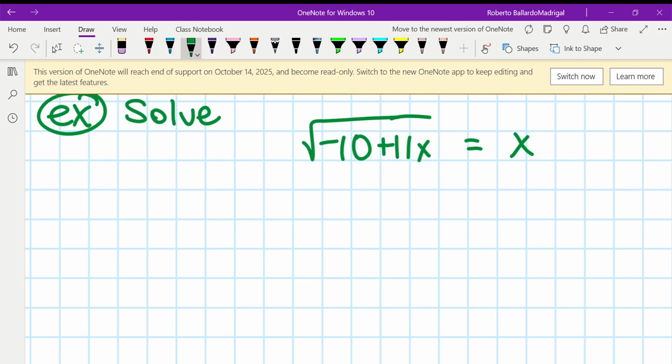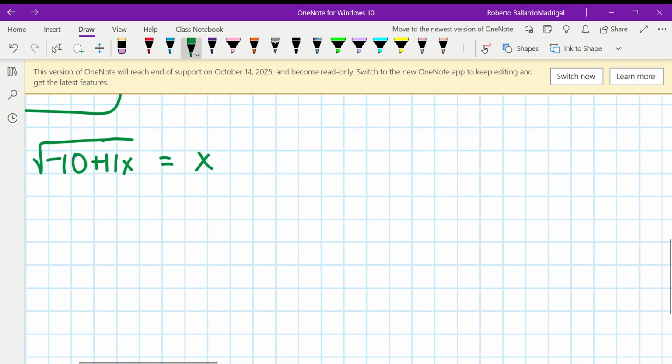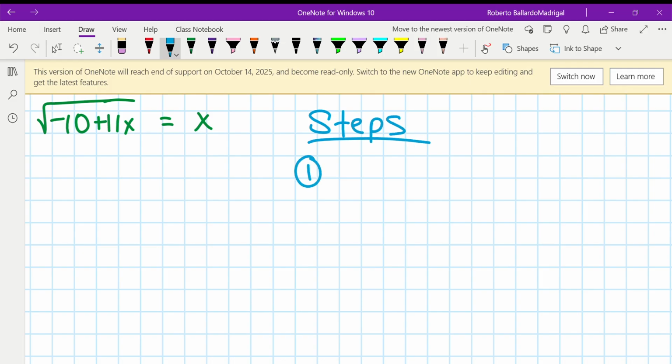All right. I'm going to write some steps on the side, so please go ahead and write these steps as well. So your first step is the following. Your first step will be to isolate the radical.